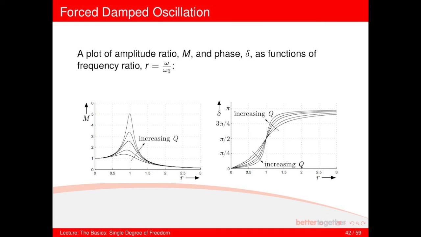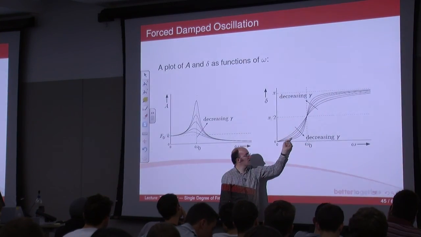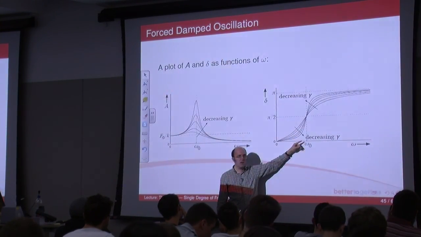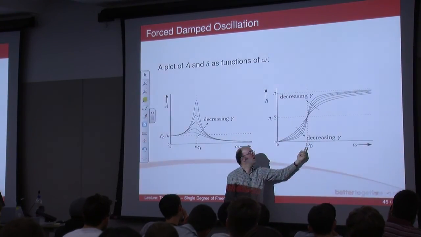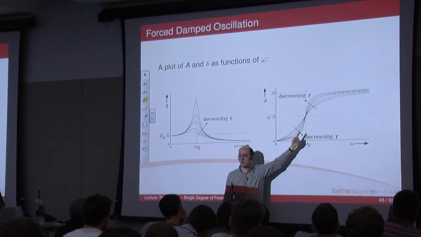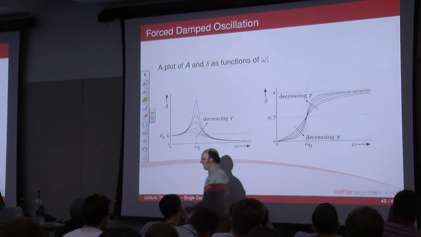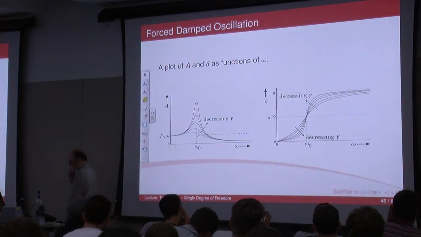And again, the speed with which it goes from 0 to 180 out of phase is dependent upon your damping. If your damping is very high, which is this line, it takes a long time. If your damping is very low, then obviously the speed changes quite quickly. And obviously 0 damping comes along here, you hit the natural frequency, and it shoots up and goes negative. That's what we had in the 0 damping case.